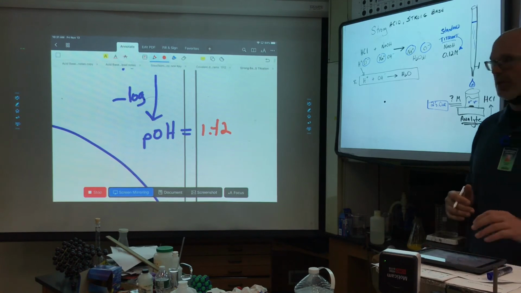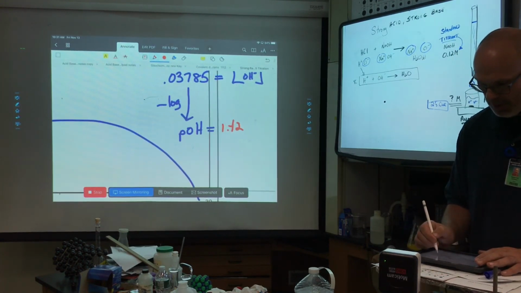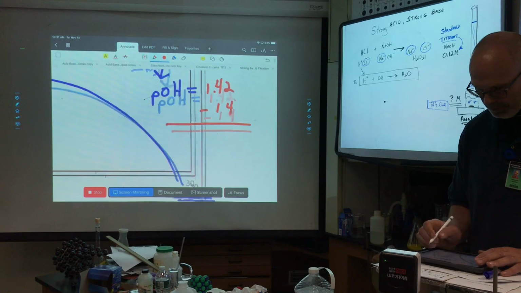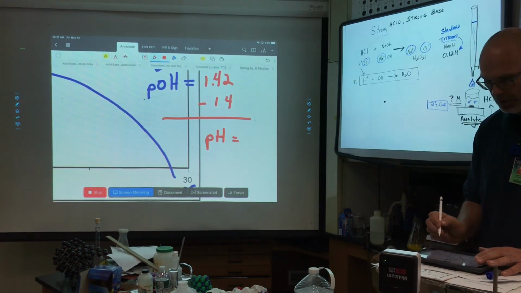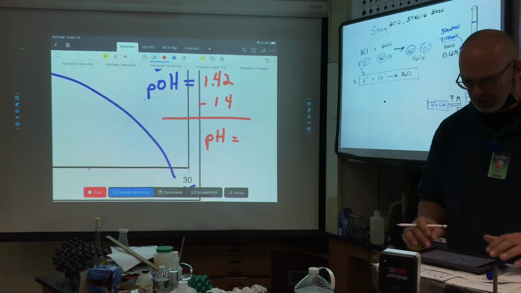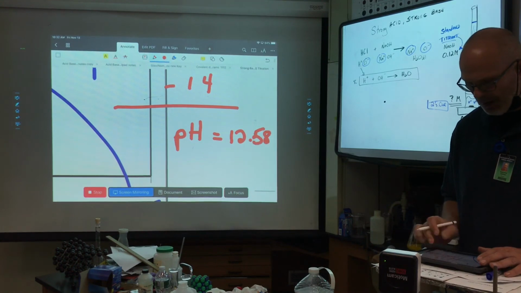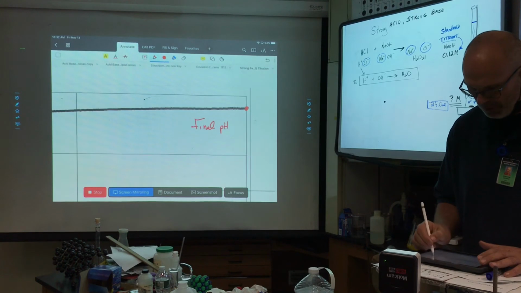Subtract that from 14 and you're going to get your pH. Just pH plus your pOH equals 14. So 14 minus 1.42 is 12.58. That is our final pH, 12.58. That's what we should get.